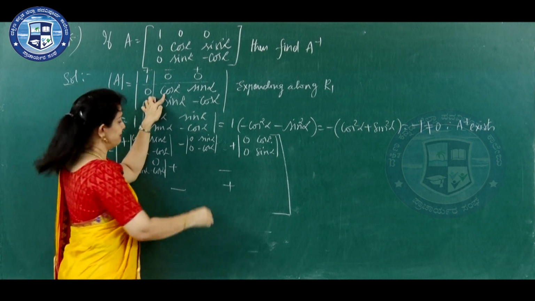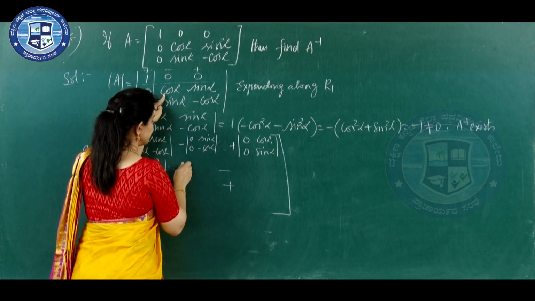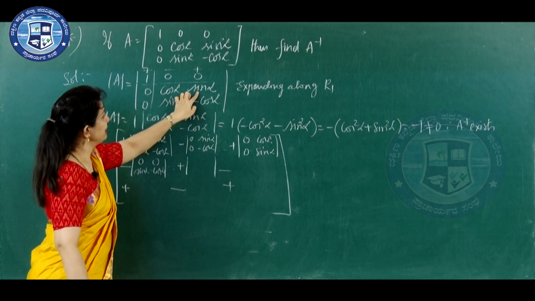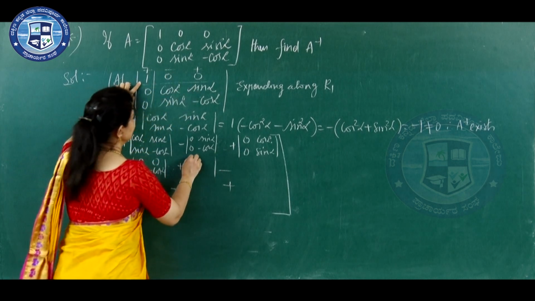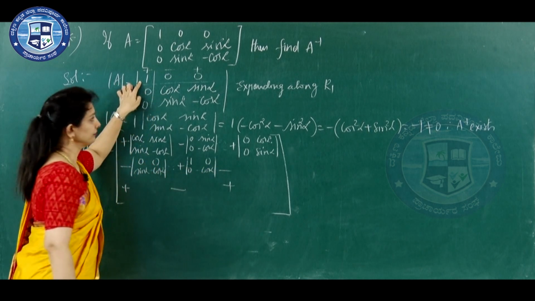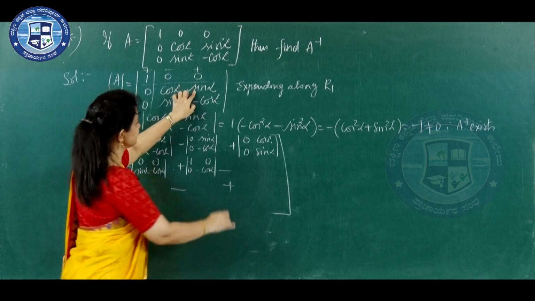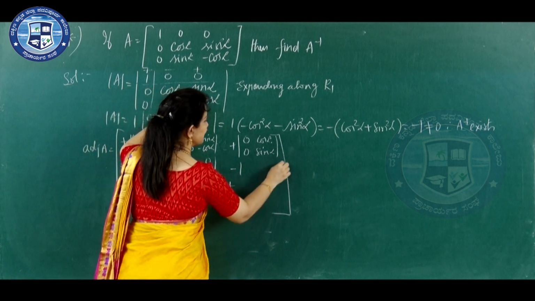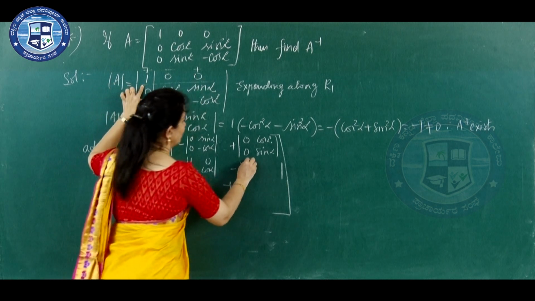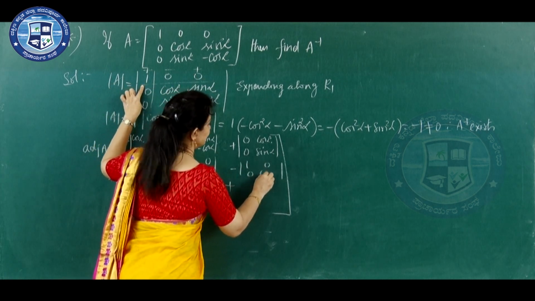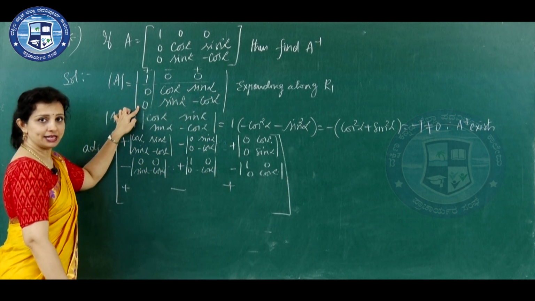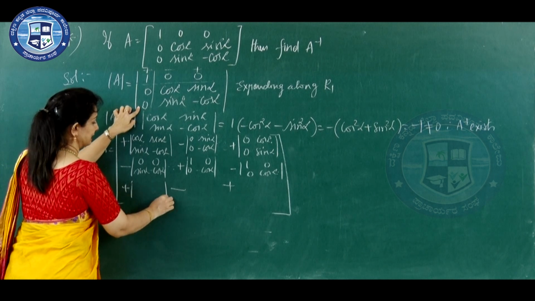And next element is cos alpha, its position sign is plus. Eliminating second row and second column, 1, 0, 0, minus cos alpha. Now, next element is sin alpha, its position sign is minus. Deleting the second row and third column, 1, 0, 0, cos alpha. Next element is 0, plus sign.